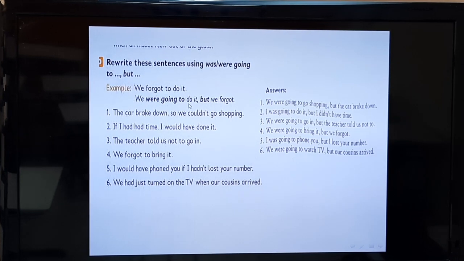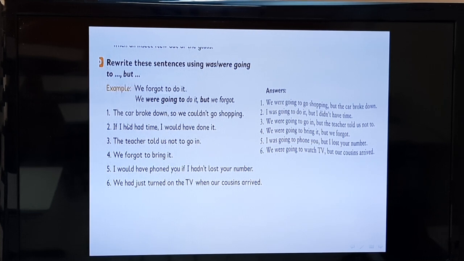We were going to do it, but we forgot. So in this sentence, you should use but and use the future in the past, was plus going to, or were plus going to. So you have 6 sentences and their answers.